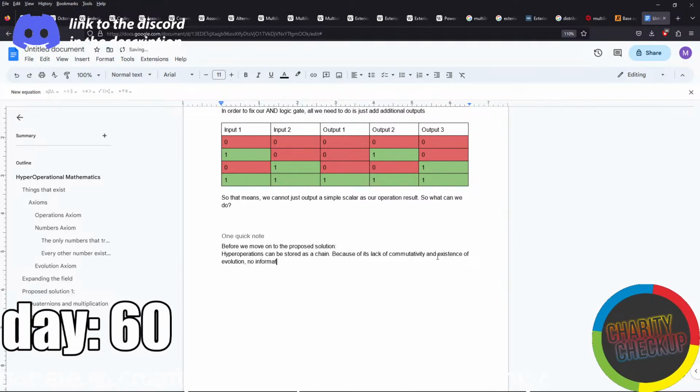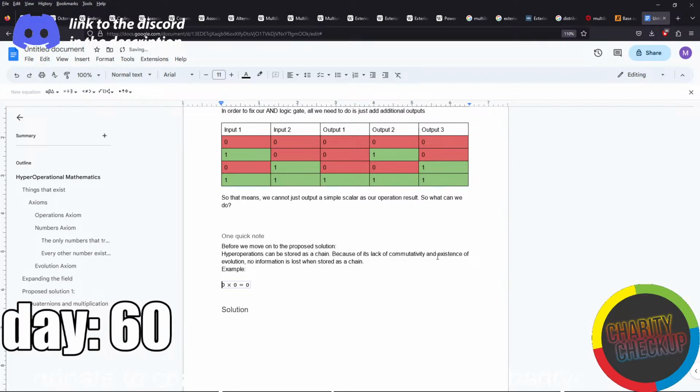No information is lost when stored as a chain. Solution. Example.